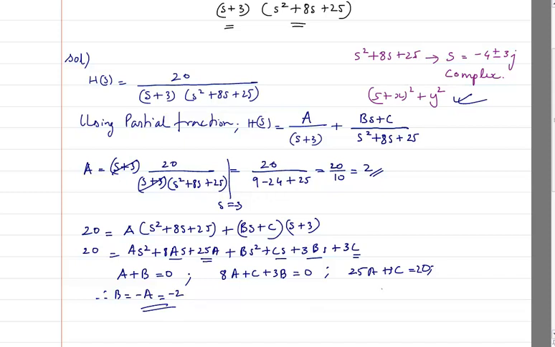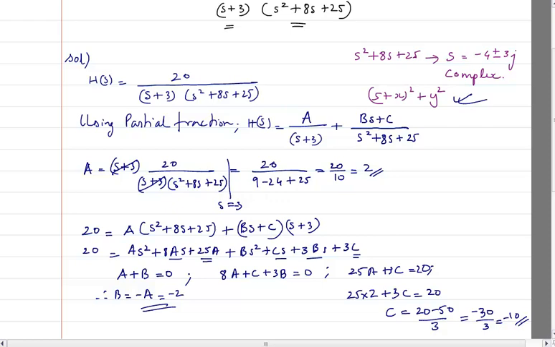Okay, and from here, since a is equal to 2, I will get 25 into 2 plus 3c is going to be equal to 20. Therefore, c is equal to 20 minus 50 divided by 3, which is minus 30 by 3, which is minus 10. So I have got the three values of a, b, c.